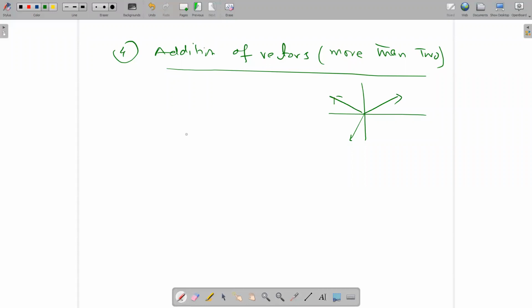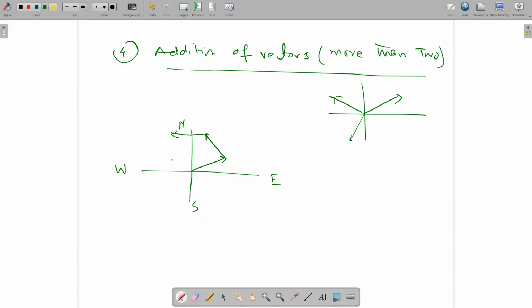In another case, the question is that one person is walking, suppose this is north and this is south, this is east, this is west. A person is walking in this way, then he is walking in this way, making some angle, and then he walks along like this.